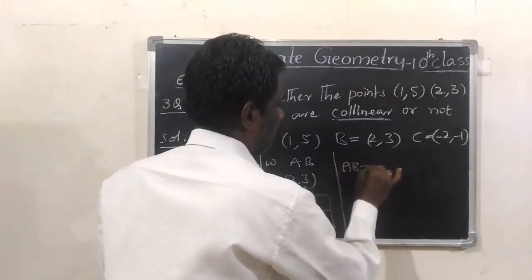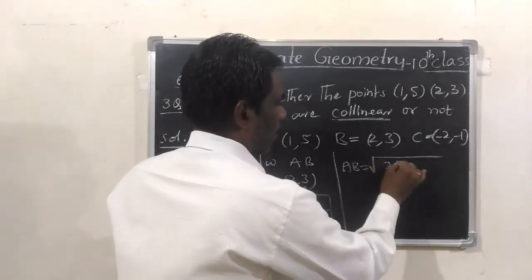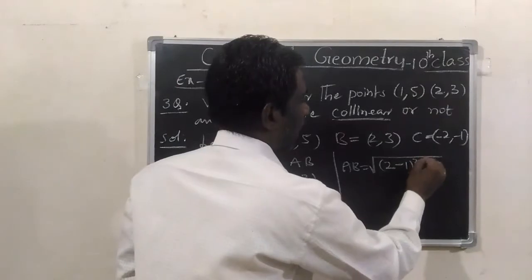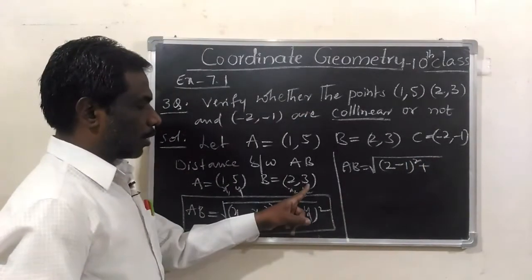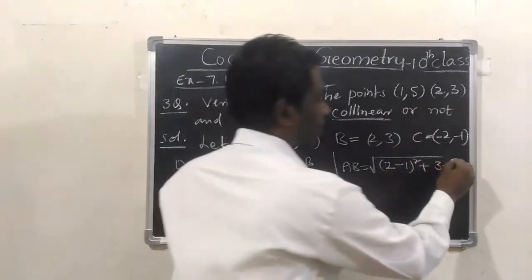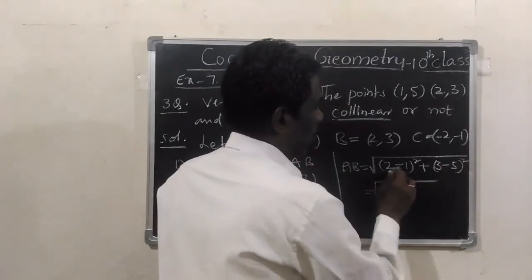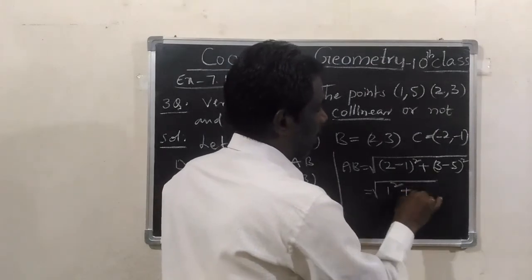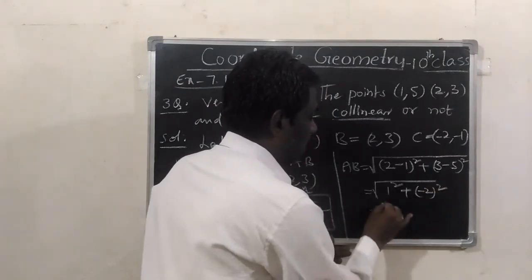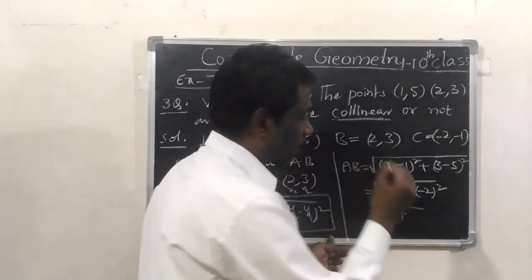And these two points are substituted in this formula. AB is equal to square root of x2, x2 is 2, minus x1, x1 is 1, whole squared plus y2, y2 is 3, minus y1, y1 is 5, whole squared, equal to square root of (2 minus 1 is 1) squared plus (3 minus 5 is minus 2) whole squared, equal to square root of 1 squared is 1 plus minus 2 whole squared is 4.